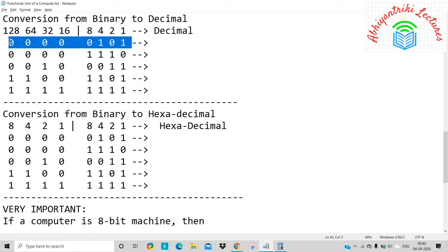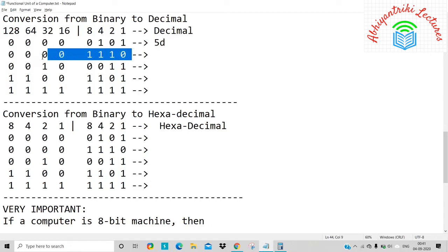Here 1 is there and here 1 is there. So pick these two. 1 plus 4 is 5. 5D. Similarly here, 2 plus 4 is 6. 6 plus 8 is 14. So the answer is 14D. D stands for decimal.